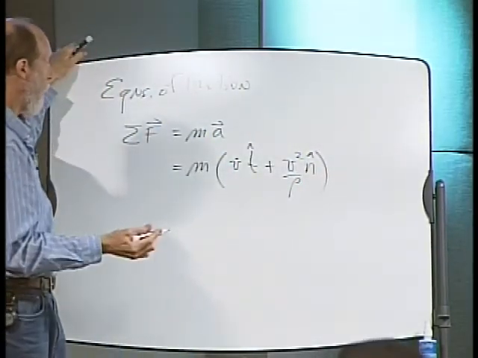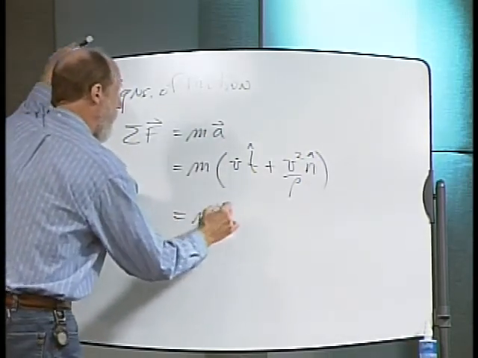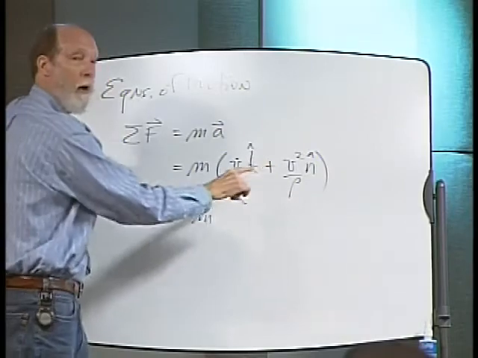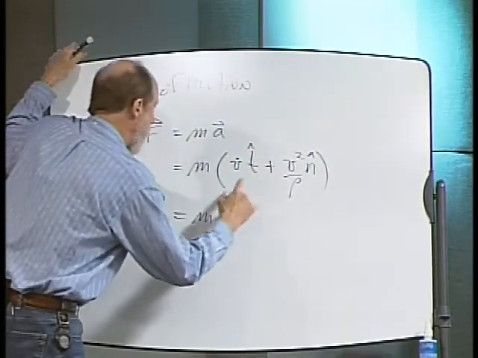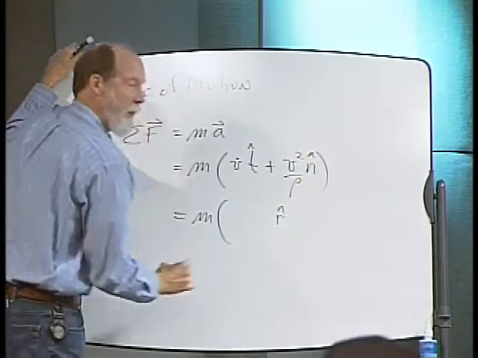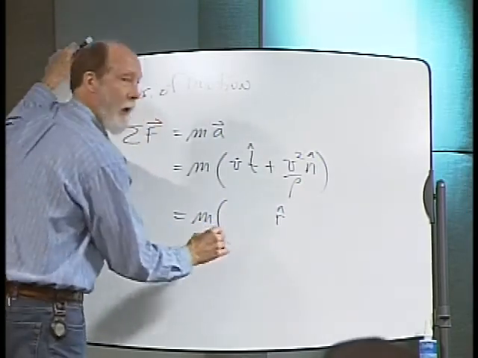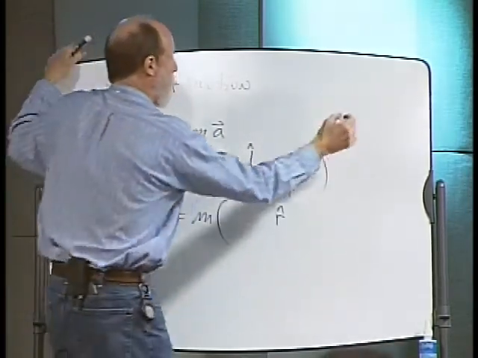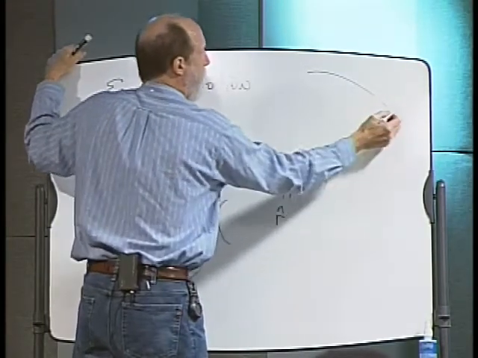Okay? Now, while we're at it, let's go ahead and look at it if we would decide to use a polar representation for the motion. Then we have to express the acceleration in terms of an r hat component. Let me just draw a little picture. Here's the particle on its path.